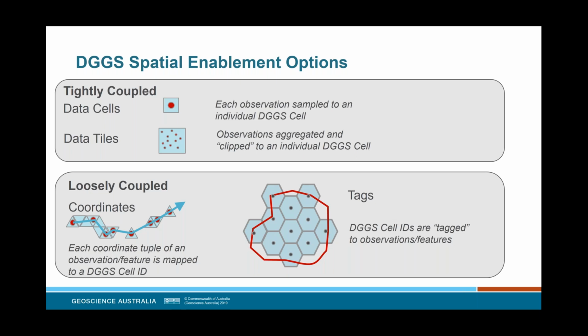You can keep your data the way you want, and you can still reference it to a DGGS, but as a reference. So you either add the DGGS references to your data, or you create a separate lookup table that links the two infrastructures together, which allows that extra flexibility, which is a really important aspect.